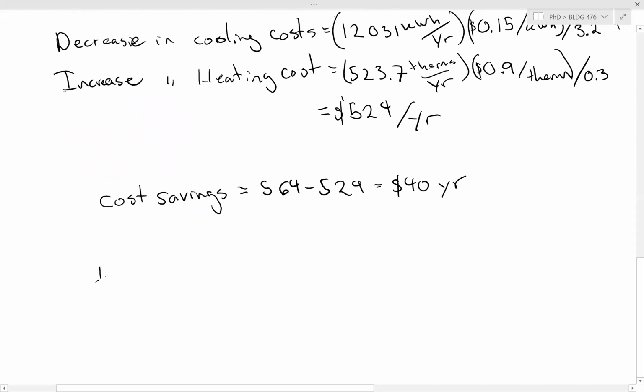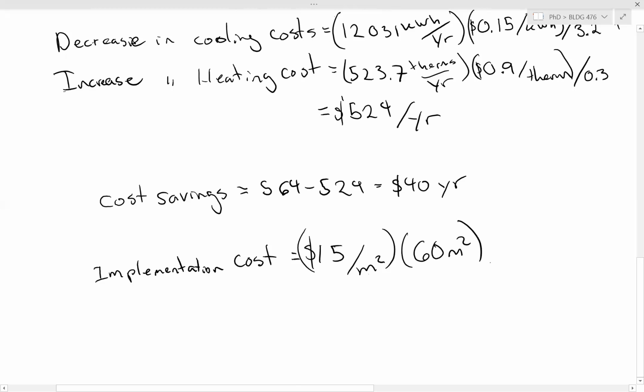The implementation is $15 per meter squared times 60 meters squared, which is $900.